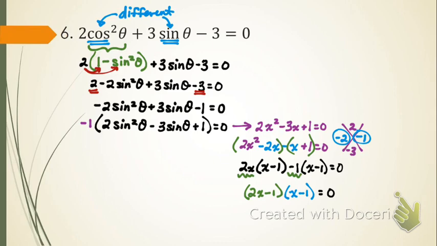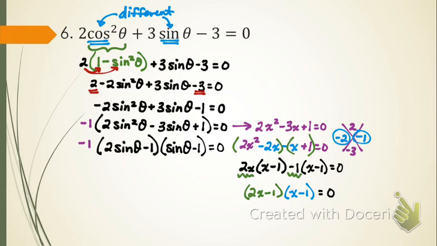So talk to me about how this guy over here is going to factor then. 2 sine theta minus 1 and sine theta minus 1 equals 0.